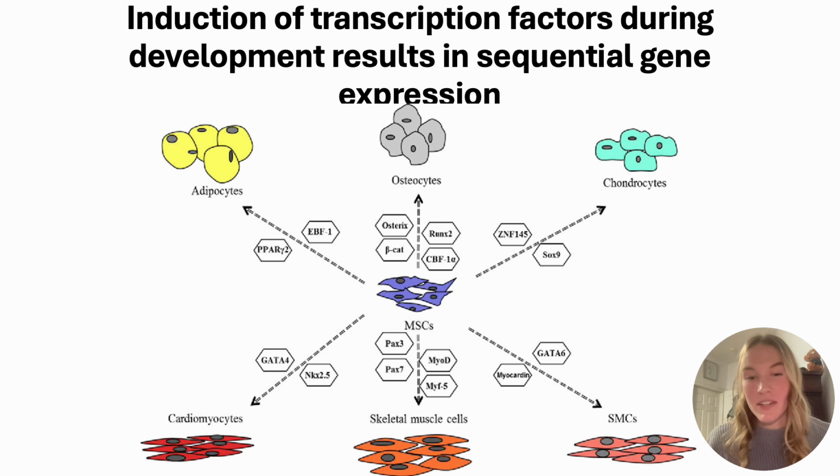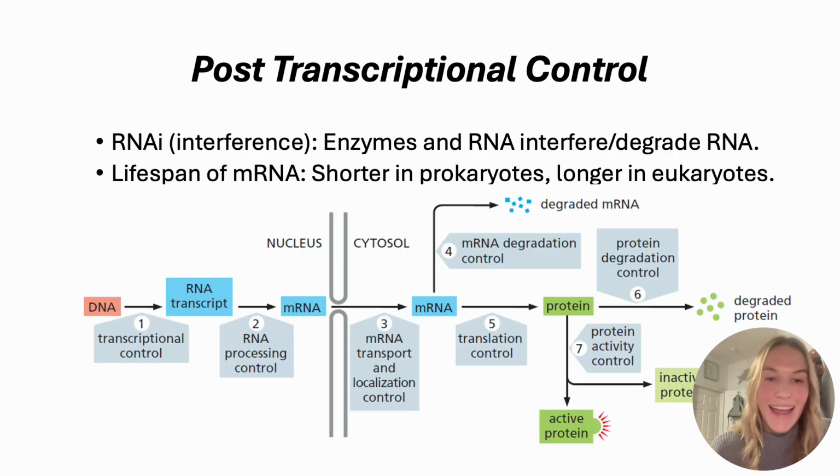And it's very important. So this last piece, like I mentioned a few slides back, really has to do with this mRNA degradation control. We have the ability to degrade mRNA to ensure that it doesn't become a protein. Generally speaking, this is called RNAi or RNA interference.